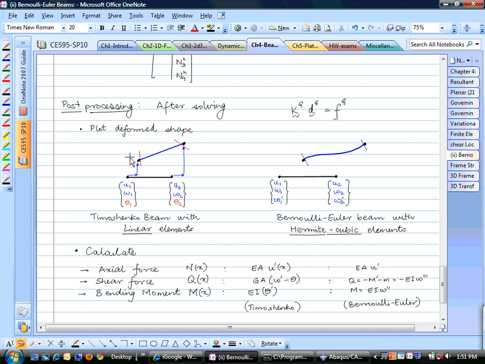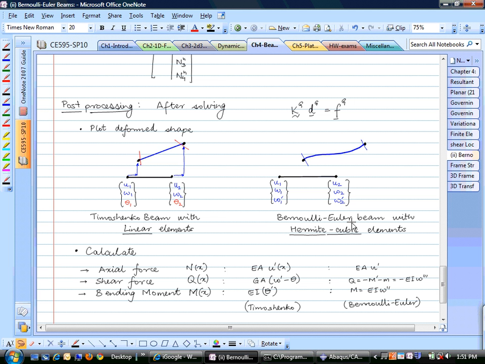So even if you have, let's say, a Timoshenko beam element, after deformation it goes to some place like this. The cross section can be oriented in any direction independent of that W. So you draw a straight line between those two nodes, and we usually depict the cross section with an independent orientation to denote where the cross section is.